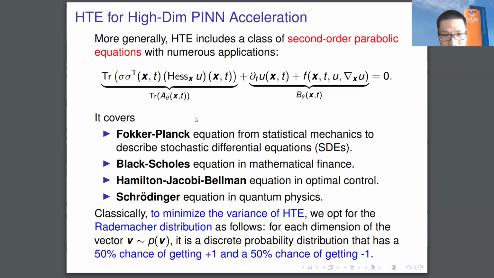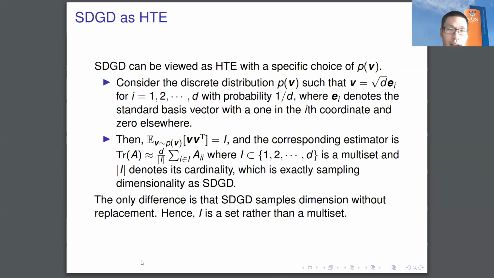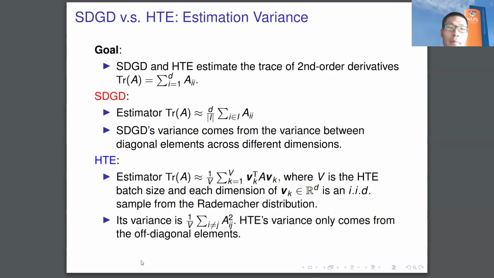In Hutchinson trace estimation, each entry of V can be 1 or -1, so there are very many possible vectors; the number grows exponentially. For SDGD, the number of possible vectors is only D, so it grows linearly. This is the difference. Next, I will compare the variance of SDGD and HTE in trace estimation.